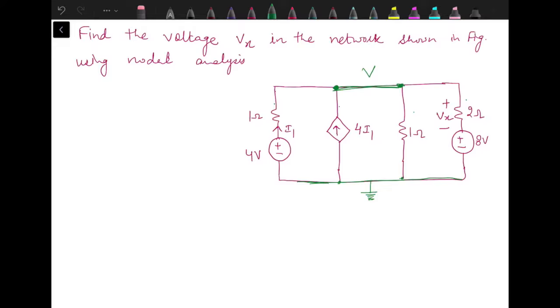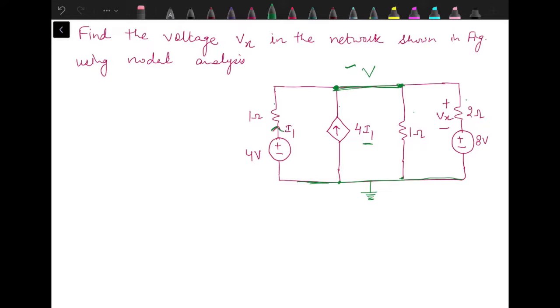So when we have a dependent source in the circuit, we always need to express the controlling quantity in terms of node voltage. So here what is the controlling quantity? Controlling quantity is I1. We need to express this I1 in terms of node voltage V. I1 is the current flowing through the 1 ohm resistance.